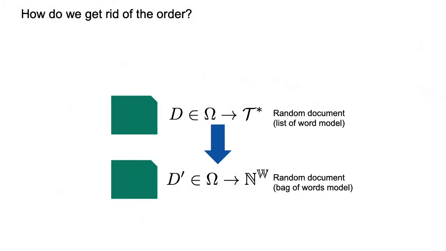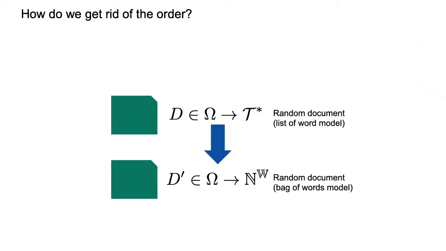However, in the unigram model, what we like to do is to actually not look at the list of words model, but the bag of words, the third one. What does it mean to go from the list of words model to the bag of words model? What do we drop? Not the 1 minus p stop, not yet, something else.